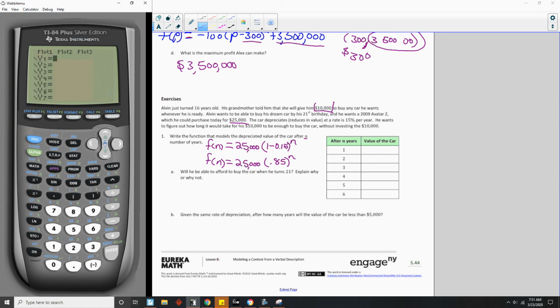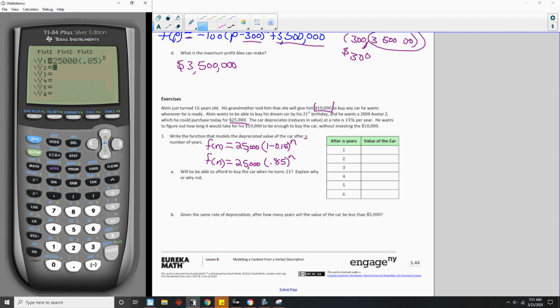And I'm going to put my y equals 25,000 times parentheses 0.85 to the power of x. Actually, let me put a parentheses there. Okay, so it's 25,000 times 0.85 to the power of x.